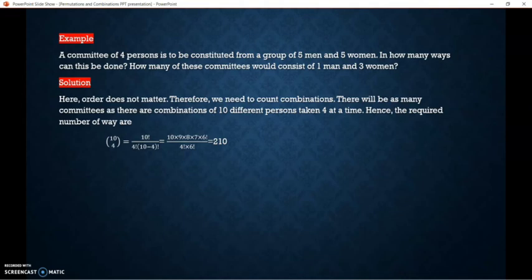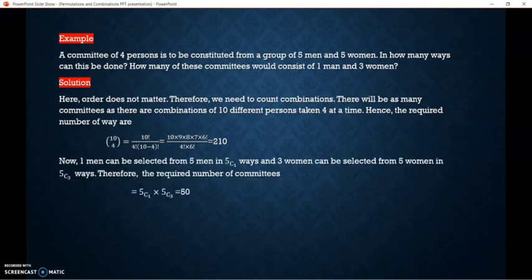Here I have 5C1 choices for 1 man and 5C3 choices for 3 women. So the total choices would be 5C1 multiplied by 5C3. That will be 50 committees in which there would be exactly 1 man and 3 women.